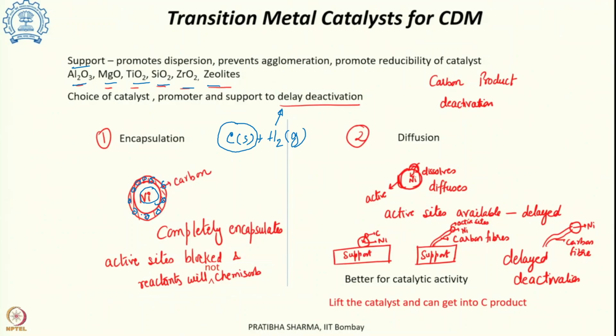The active sites of the nickel will be reduced, the reaction rate will be reduced, and our main target will not be achieved, and the efficiency will be reduced. So it is very dangerous when carbon deposition occurs on the nickel catalyst.